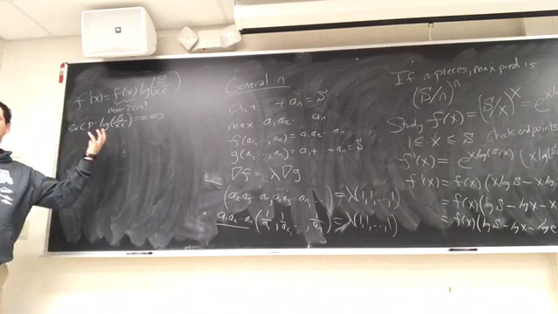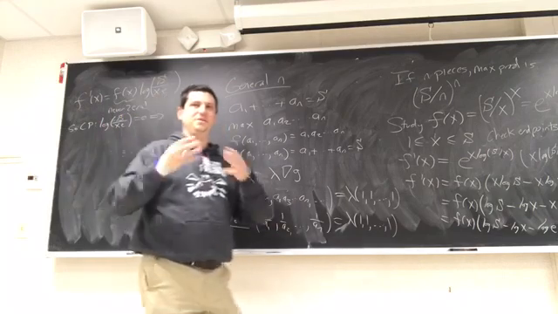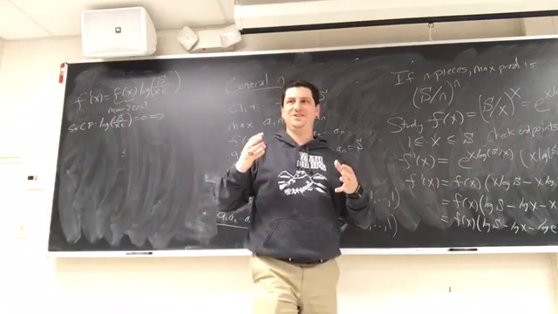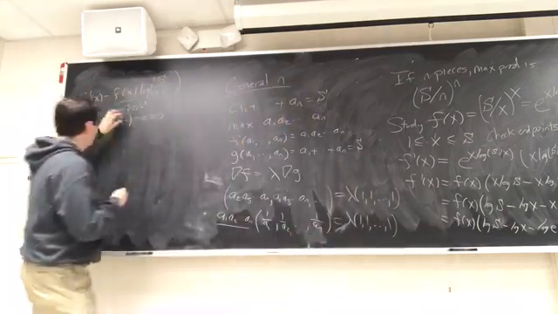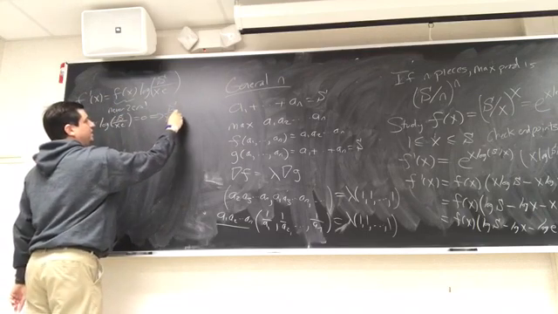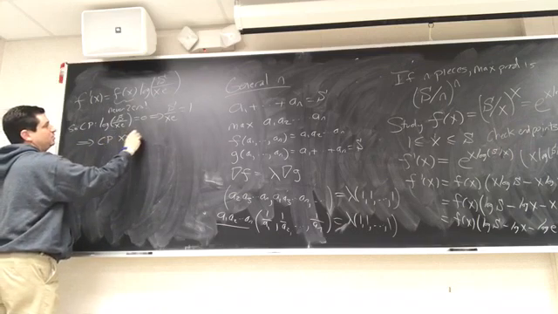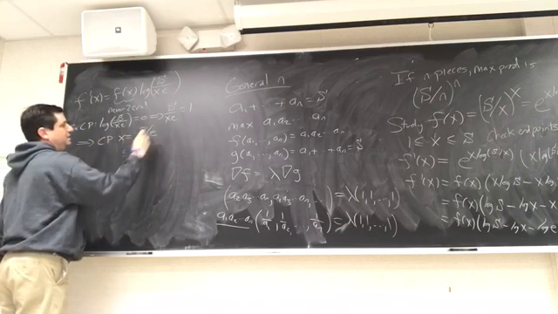When is the logarithm equal to 0? When s over x over e is equal to 1. So that implies that s divided by x over e equals 1. Therefore, the critical point is x equals s divided by e.